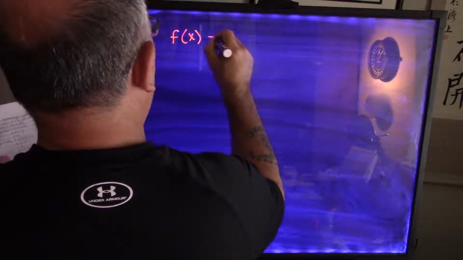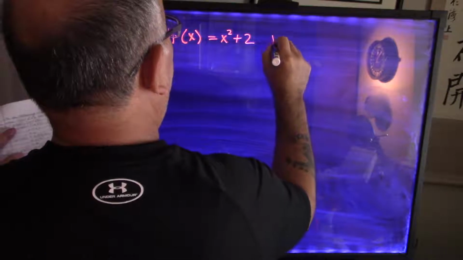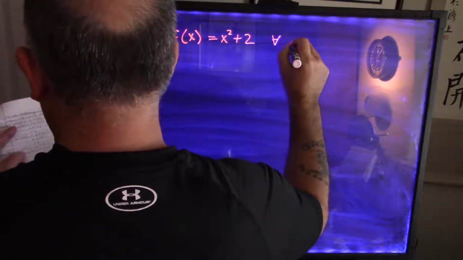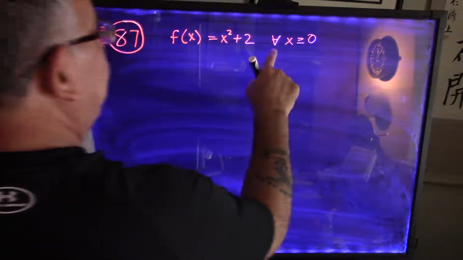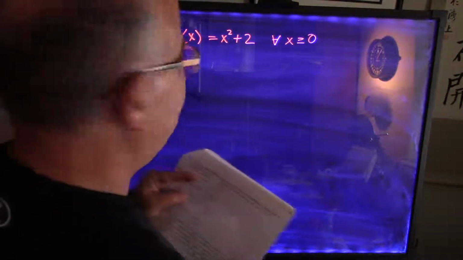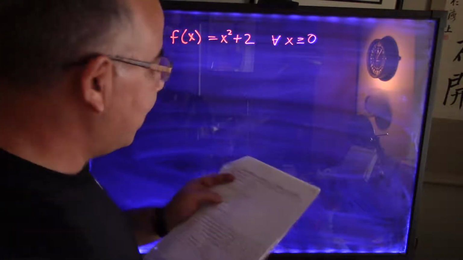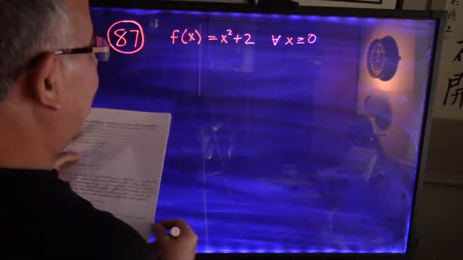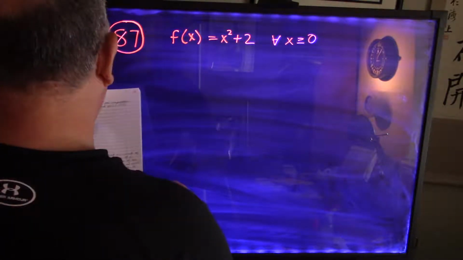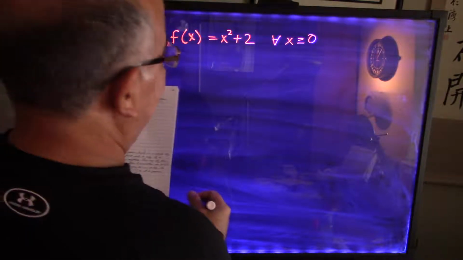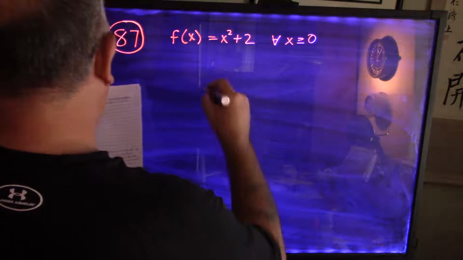This upside down capital A means for all. That's another symbolic logic abbreviation or symbol. A lot of mathematicians like to use that because it maintains your brevity.